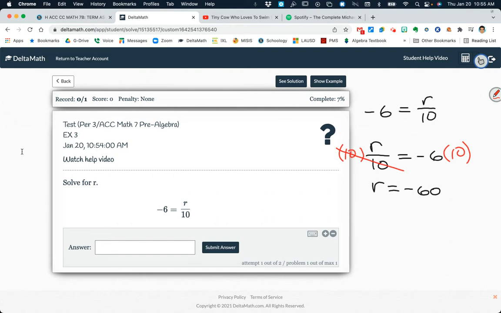Perfect. And if you wanted to do it on this particular one, we're always dividing or multiplying the number that's with the variable. I'm going to put parentheses around that negative 6 to show I'm not subtracting them, I'm multiplying them. Either way, you get negative 60. Okay. Any questions on any of these three?